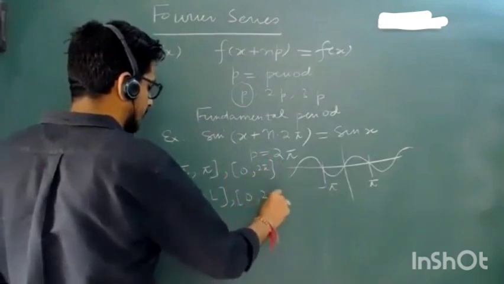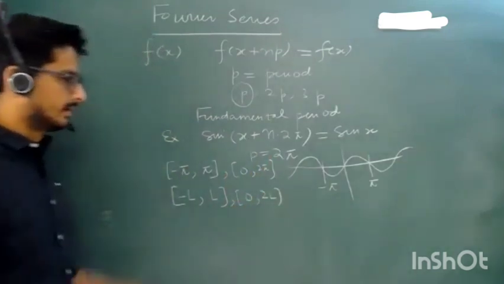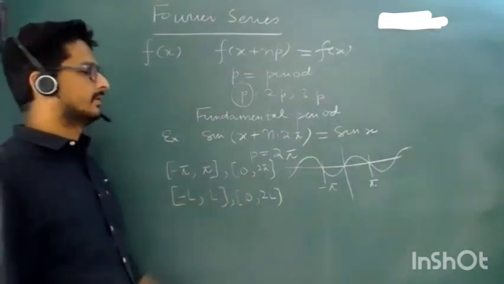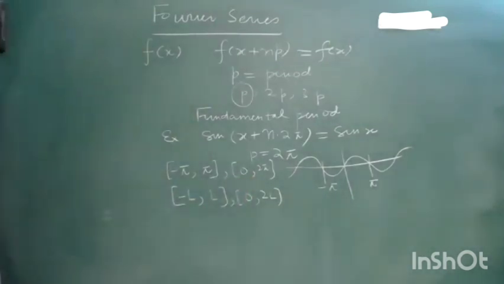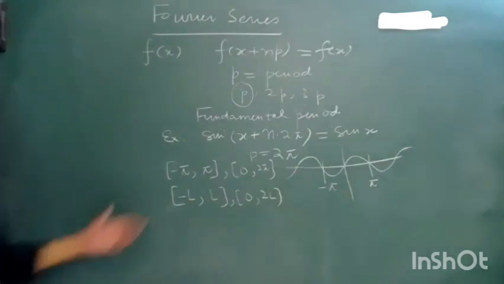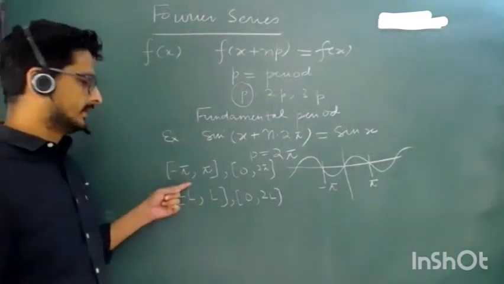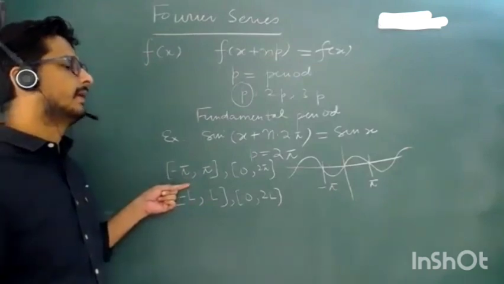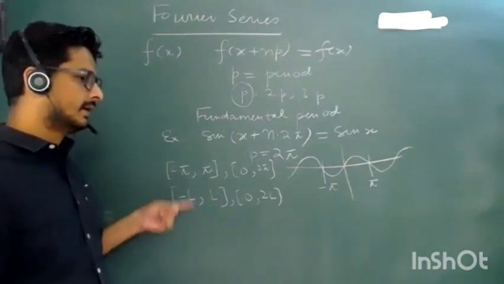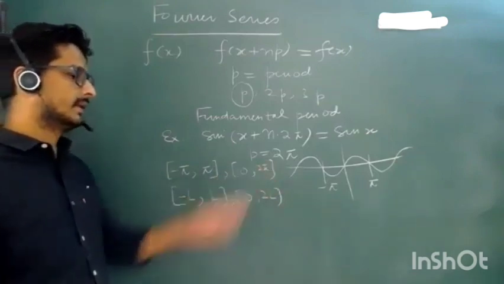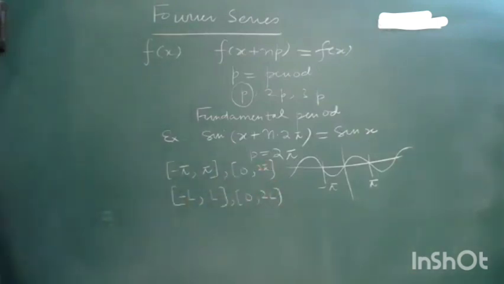The formulas are the same for both because the period is the same. There is no difference in the formula, just in integration: even-odd properties I can use for the negative domain, but I can't use them for 0 to 2L or 0 to 2 pi, because it is just in the positive domain.